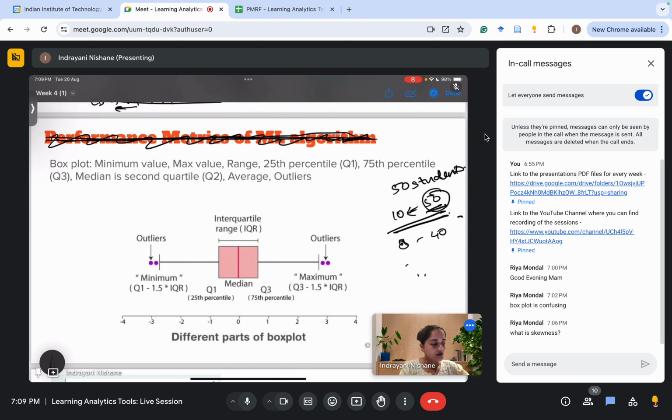For a box plot, we need information such as minimum value, maximum value, and interquartile range. What is the 25th percentile?